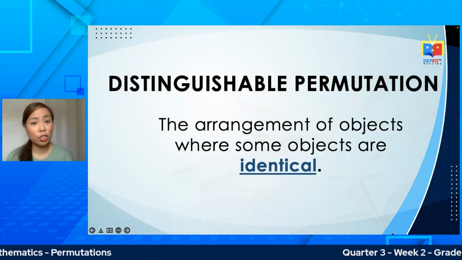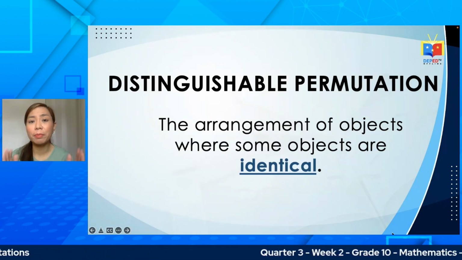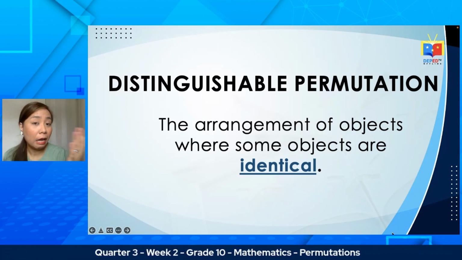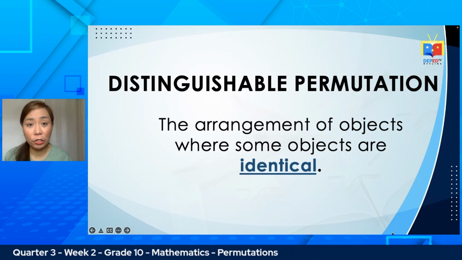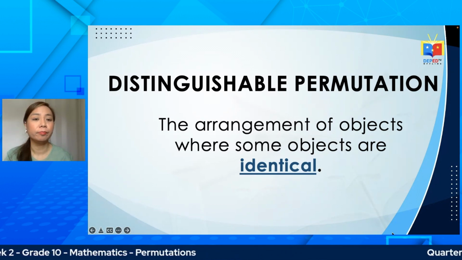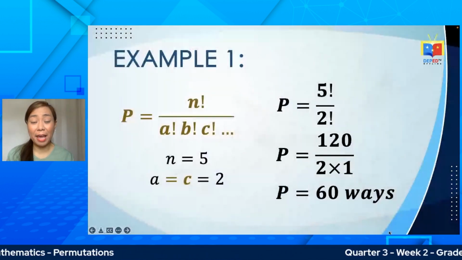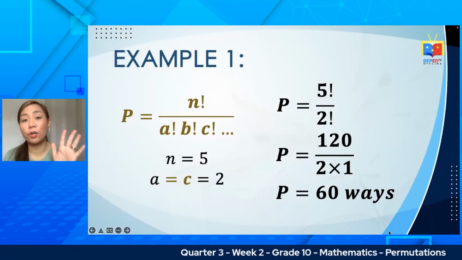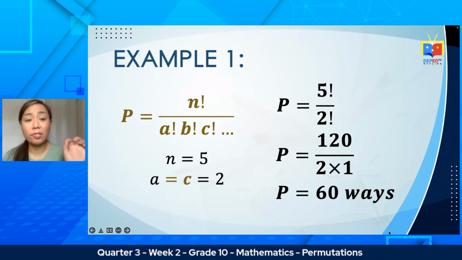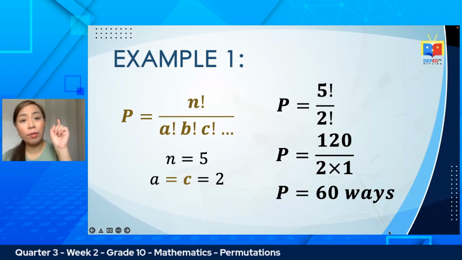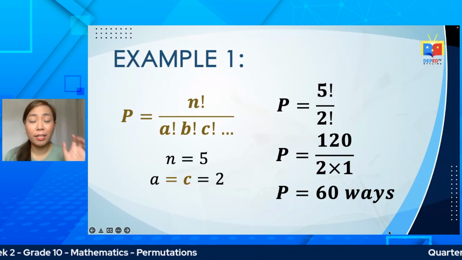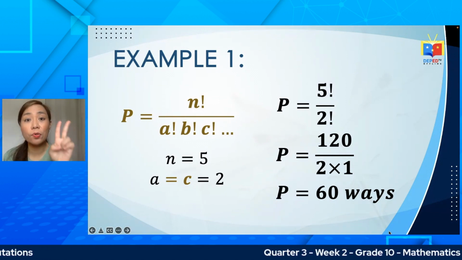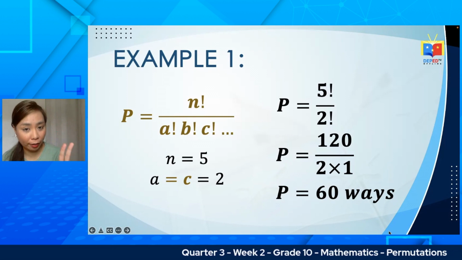Again, distinguishable permutation is the arrangement of objects where some objects are identical, like the arrangement of the letters of the word check. So now applying the formula, n is equal to 5 because there are 5 letters in the word check. And instead of using a, b, c, we will just use 2, which is a, that represents the letter C because there are 2 C's in the word check.